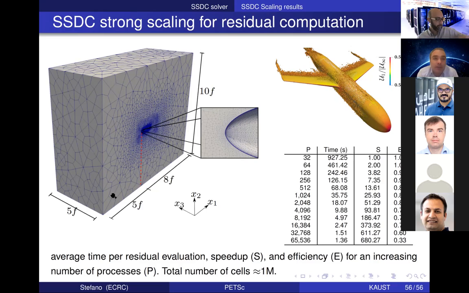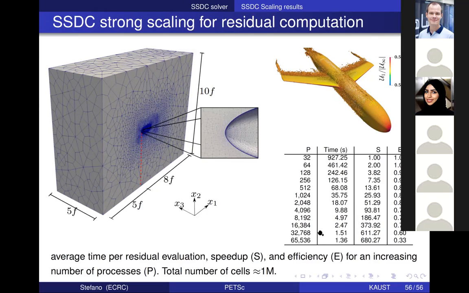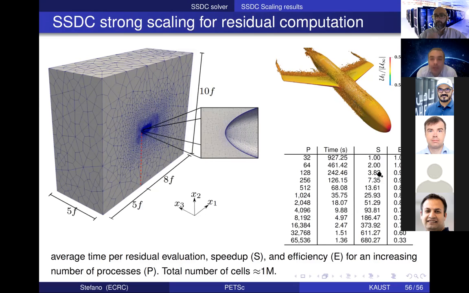Here you have an example of the mesh, which is standard in CFD, very refined close to the plane, and coarser as you go to the boundaries of the domain. In the strong scaling test, we keep the mesh fixed, we keep the application fixed, and instead we increase the number of resources that we use to simulate the problem. And here in this case, efficiency is quite good.